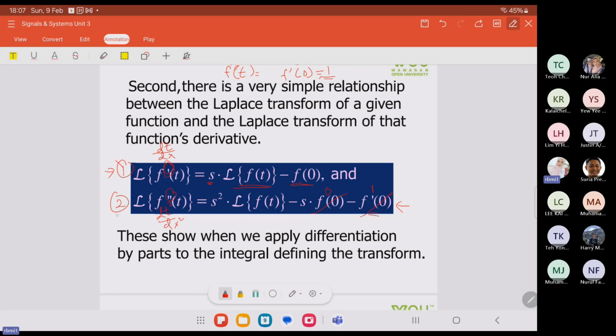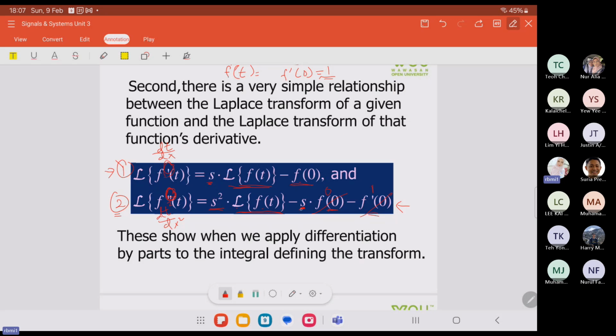Right. Secondly, this is for the second derivative, where we have the double prime here. So, how to get the expression for the second derivative? It is s squared, following the same as previously, times the Laplace transform of f(t), minus f initial given, f naught.